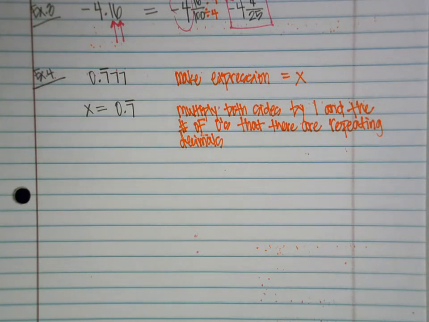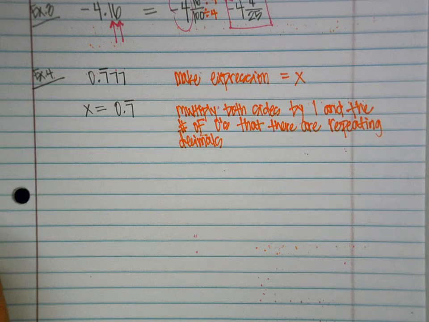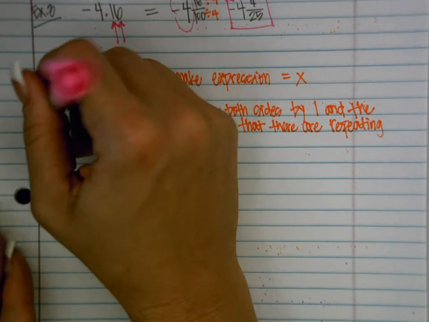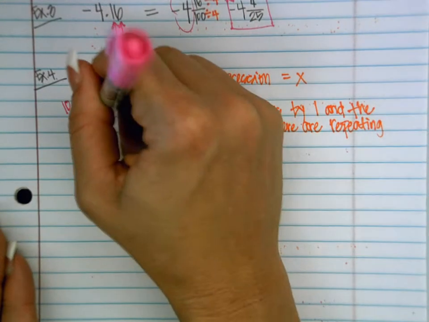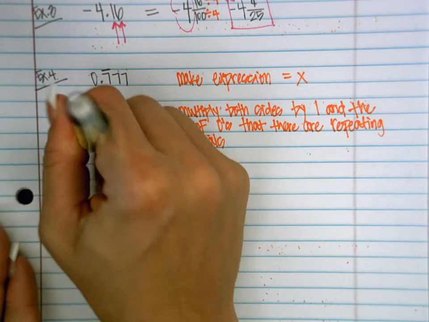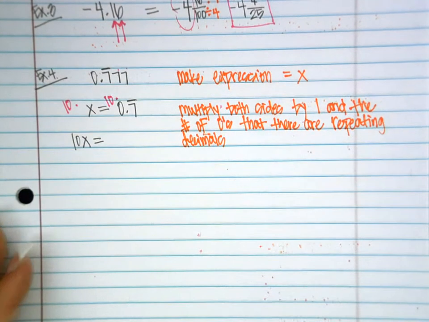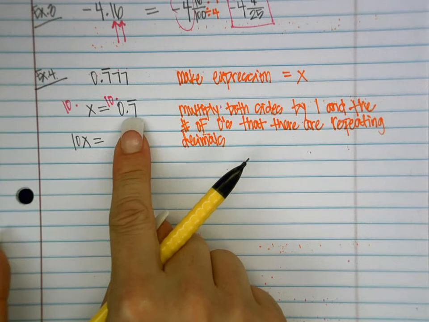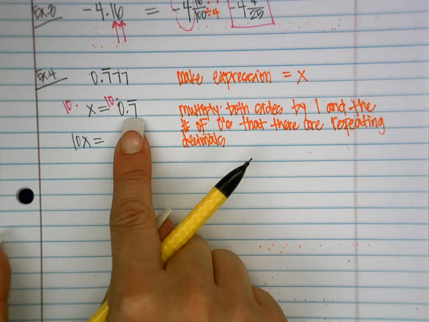So here, we're going to multiply both sides. What did we say by? By 10. So multiply both sides by 10. So times 10 and times 10. If you rewrite that, that's going to give you 10x equals, if I multiply by 10, what does that give me here? Multiplying by 10 basically moves the decimal place how many times? 1 time.